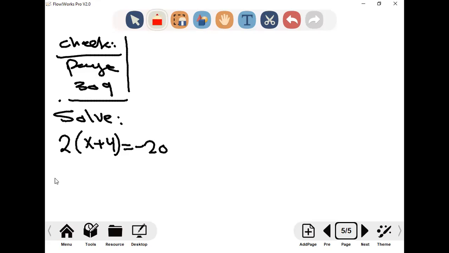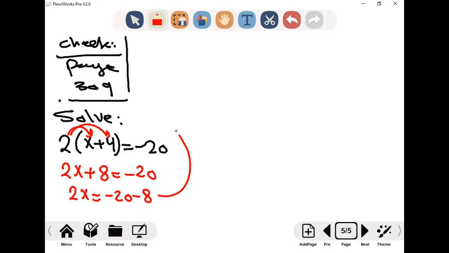So first step, we distribute the 2, right? So it will be 2x plus 8 equals negative 20. Now shift the 8: 2x equals negative 20 minus 8.